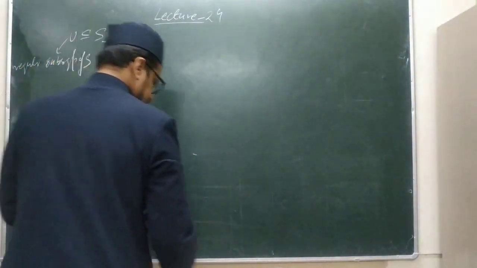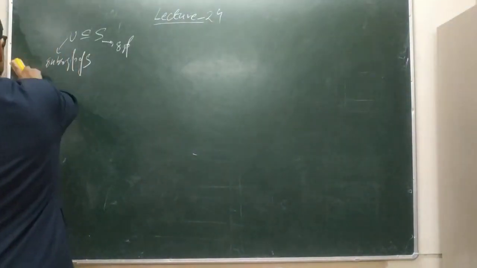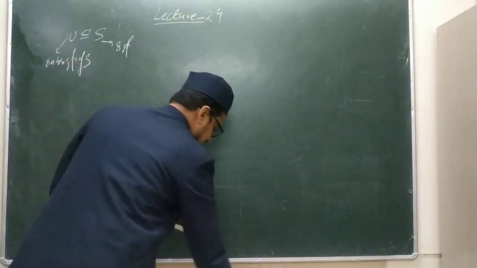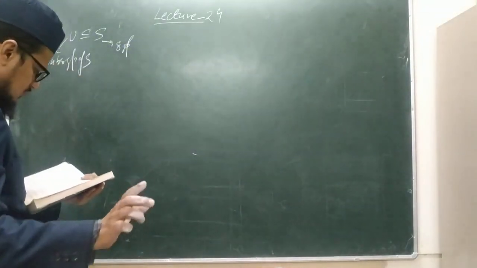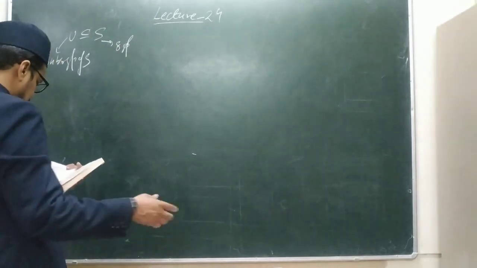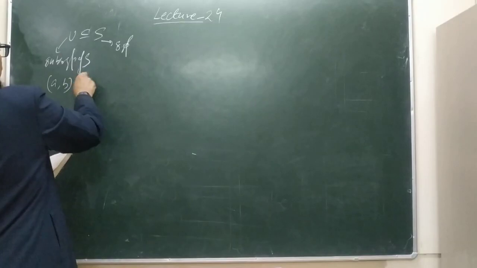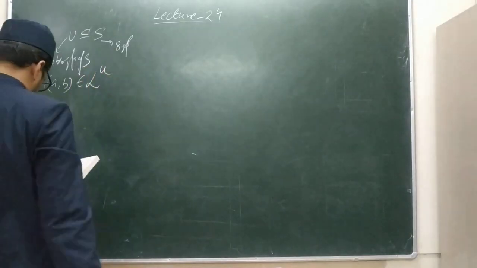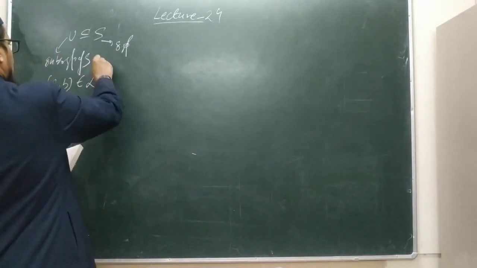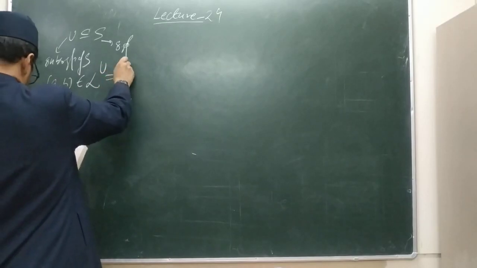Before that, I would like to tell one thing. For example, if we generally use a sub-semigroup U of S, where S is a semigroup, then you don't take U to be regular. First, I would like to say: if (A, B) belongs to L_U, what does that mean?